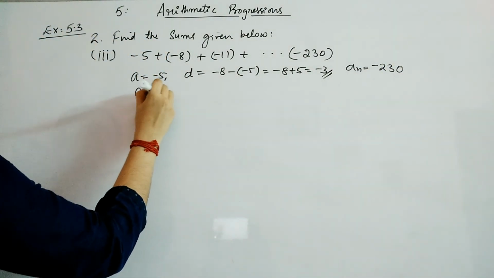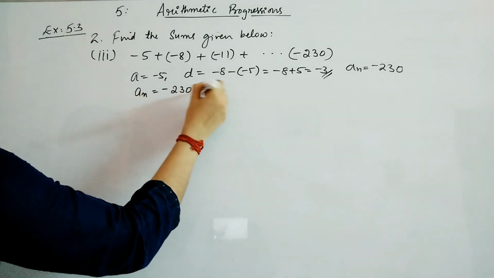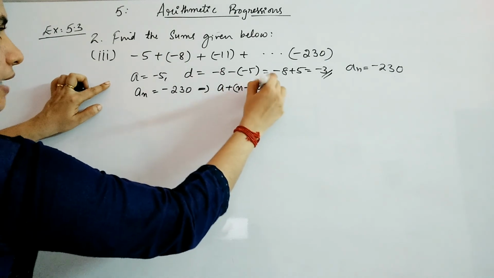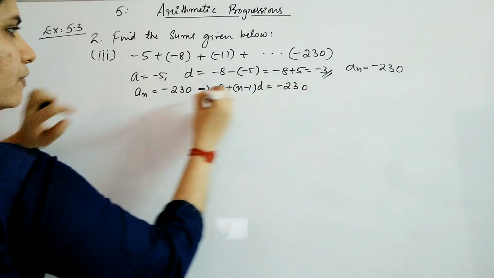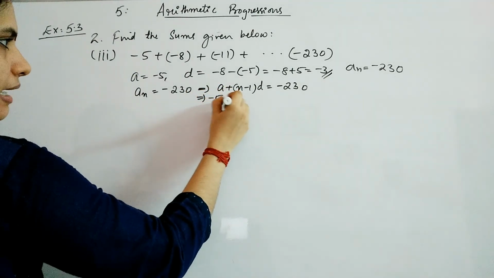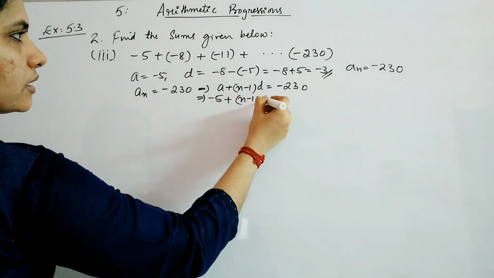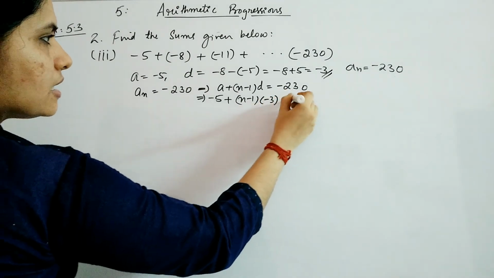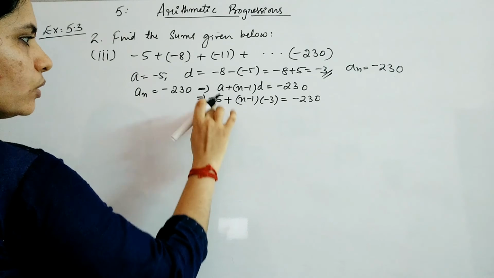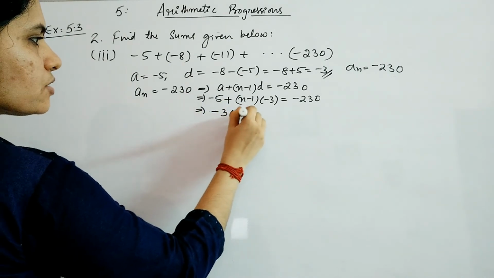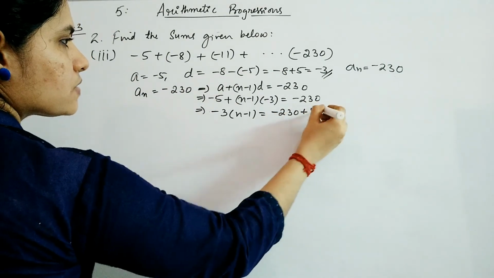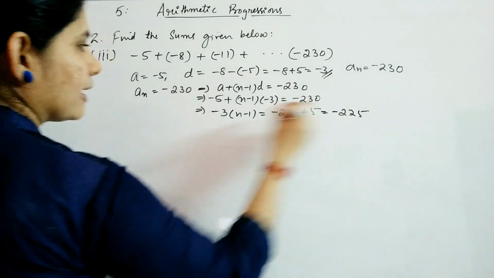Okay, so An is equal to minus 230 will give you A plus n minus 1 into D. In that we need to substitute the values of the knowns. So A, you know it to be minus 5, n minus 1 into, here you have D as minus 3, is equal to minus 230, which is minus 5 will go there, and this will become minus 3 into n minus 1 equals minus 230 plus 5, right? So this will give you minus 225.